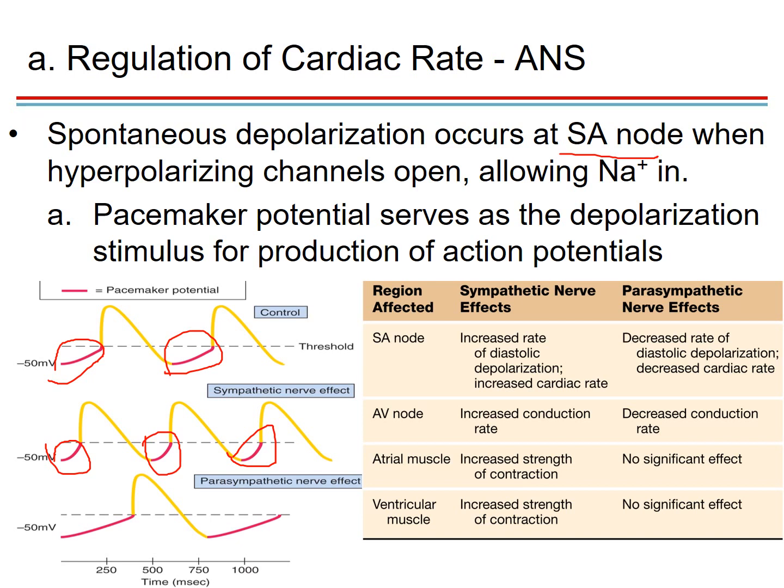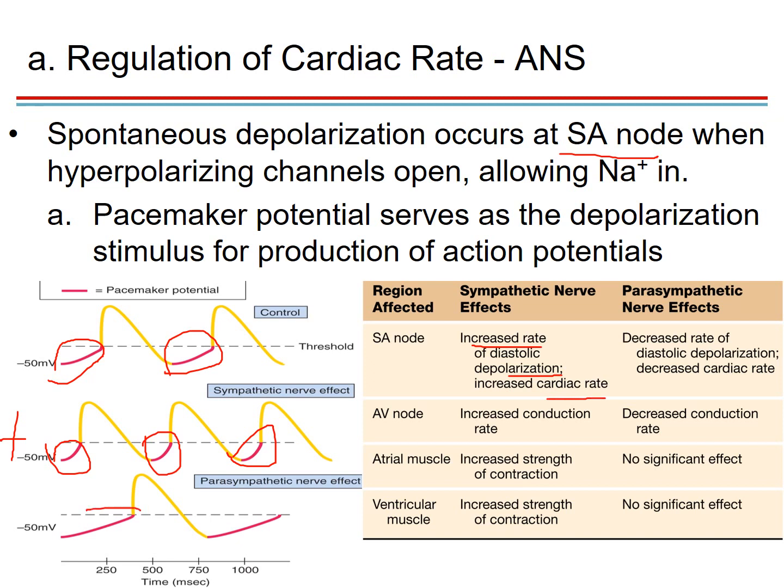And so we have a calcium-induced calcium release that increases the rate. With the sympathetic nerve effect, this is going to have a positive chronotropic effect because it increases the rate of depolarization and also of the heart rate.